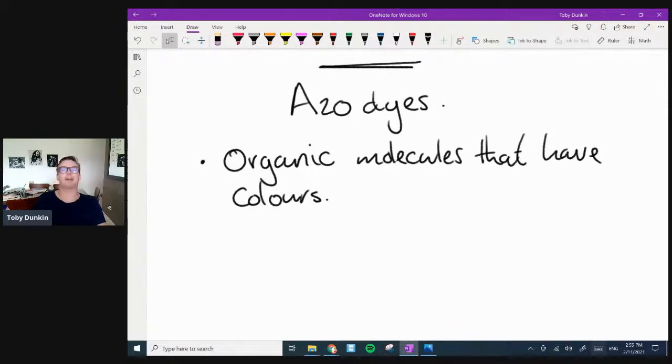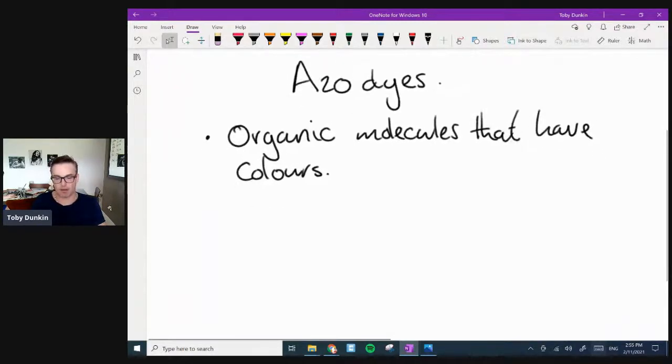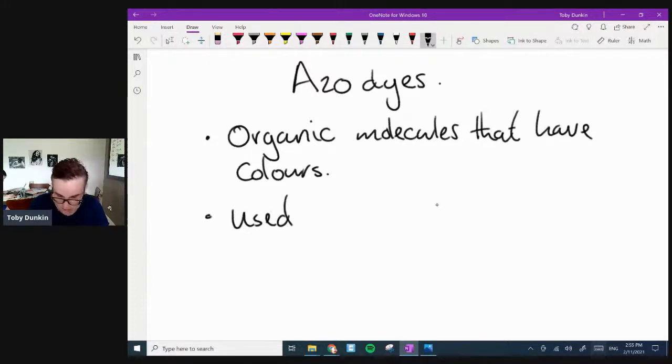But the problem with transition metals is they're massively toxic. So we needed to find a replacement for transition metal complexes for colors that was way less toxic, and really that would just flat out be better. And these are then, of course, used, so azo dyes, next, used to color fabrics.